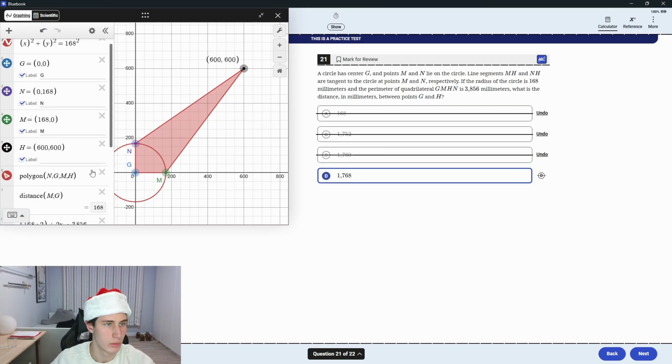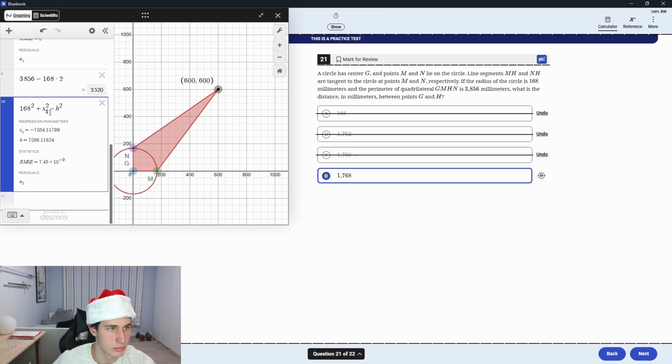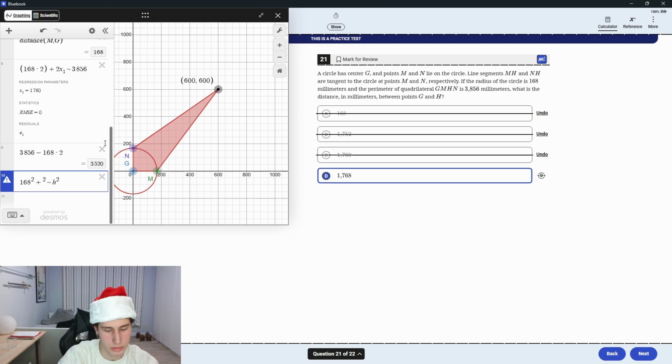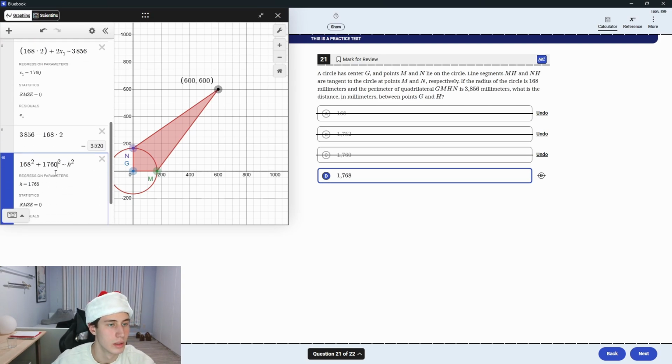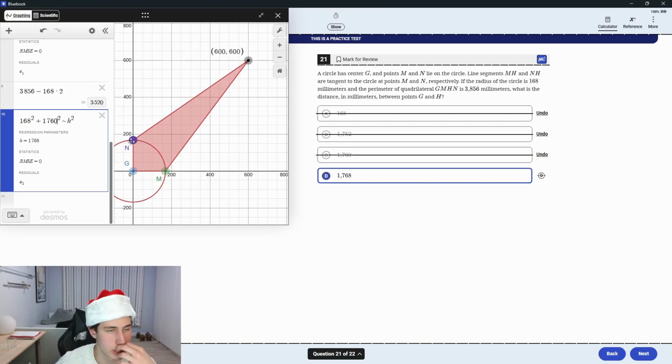Okay, and now remember this is a circle. So we have 168 squared plus we know that our x1 squared equals, so we regress to what we don't know of this. So we can do that. Remember this is in the format of a circle.